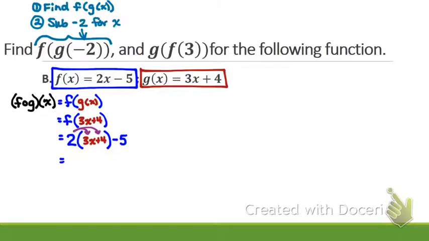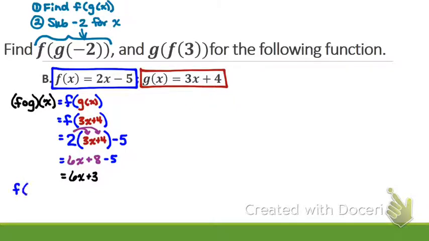So I would have 6x plus 8 minus 5, which means I get what here? 6x plus 3. Now I can take that negative 2 and substitute it in.